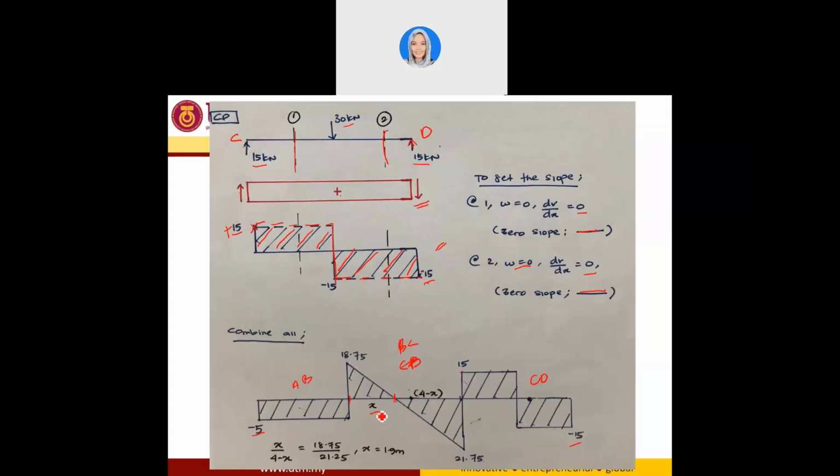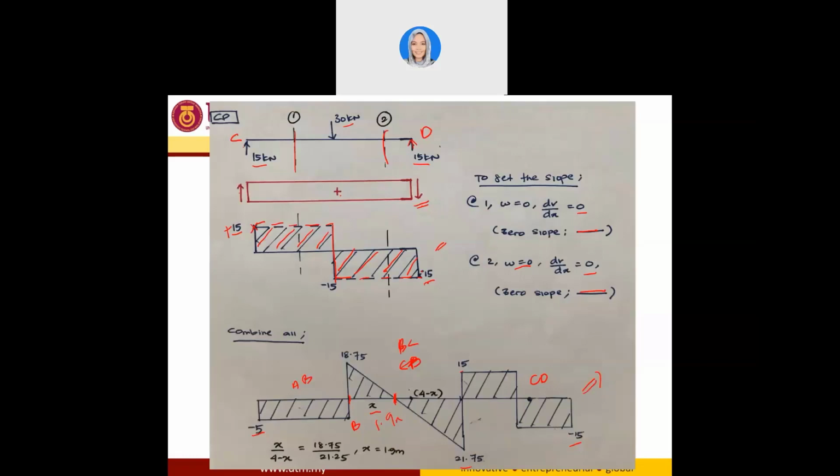So x over 4 minus x is equal to 18 divided by 21.75, and you will have x equal to 1.9 meter. So from this point B until the location of the zero shear force is going to be 1.9 meter. So this is how you could draw your shear force diagram for our continuous beam.